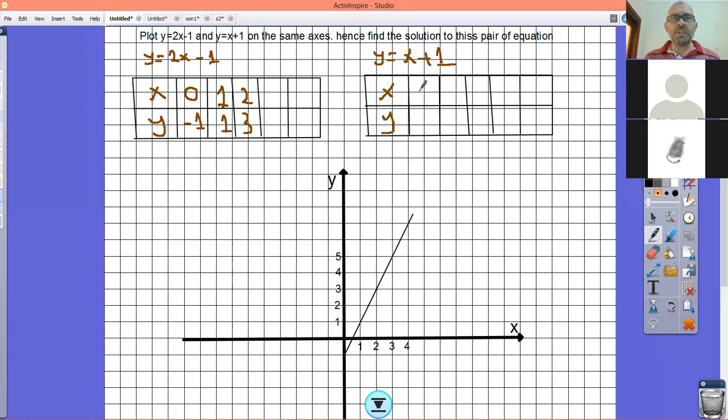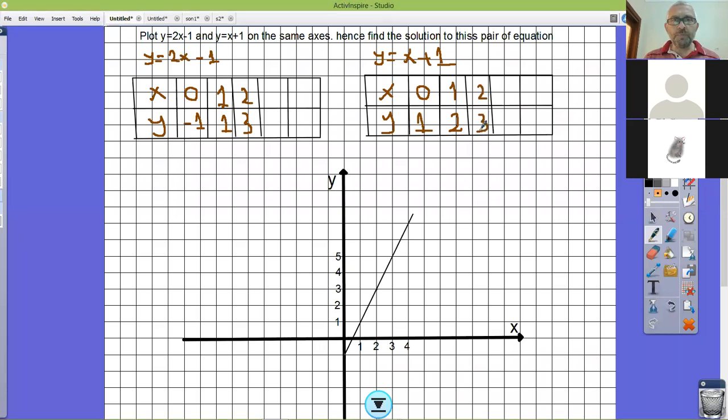In x plus 1, instead of x, let's put 0. If x is 0, y will be 1. If x is 1, y will be what? It will be 2. If x is equal to 2, y will be equal to 3.